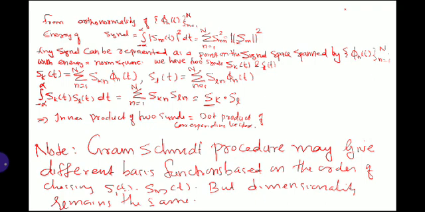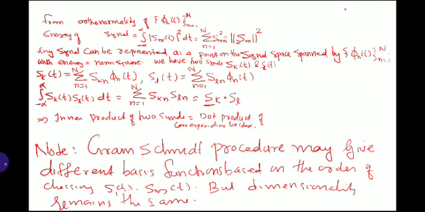So to find the inner product, the integral from minus infinity to infinity of sk of t sl of t, you substitute for sk of t and sl of t and do some small manipulations.